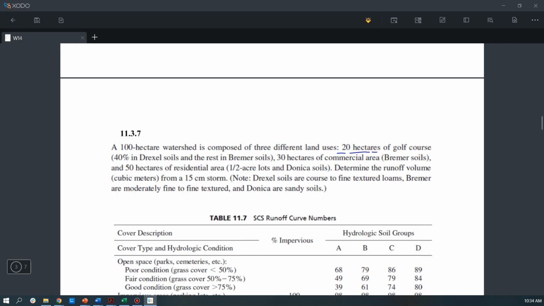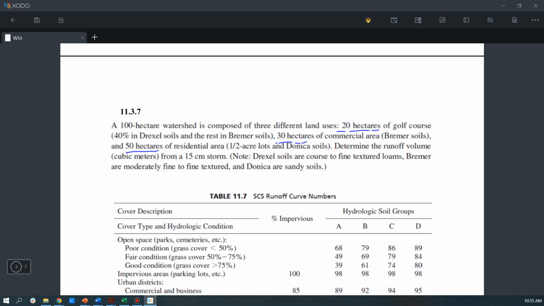We have 20 hectares of golf course, 30 hectares of commercial area, and 50 hectares of residential area with different soil types. And we already know that the P value, the rainfall value, is equal to 15 centimeters, which is equal to 150 millimeters.